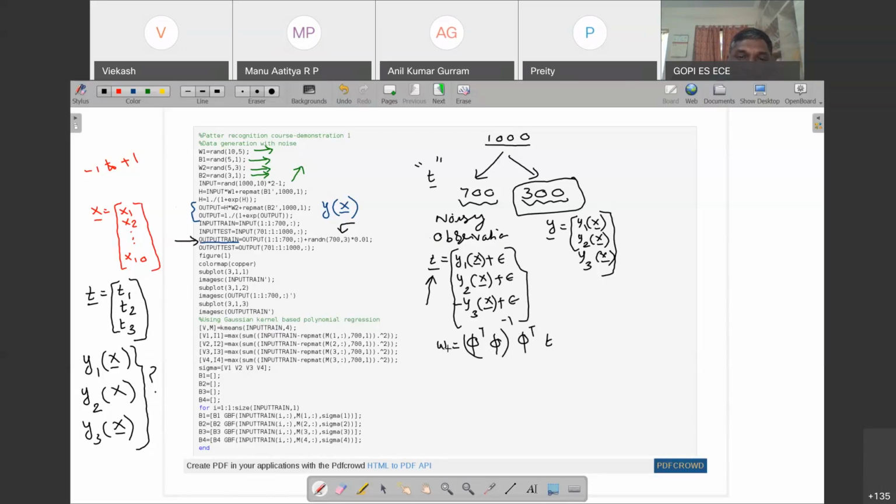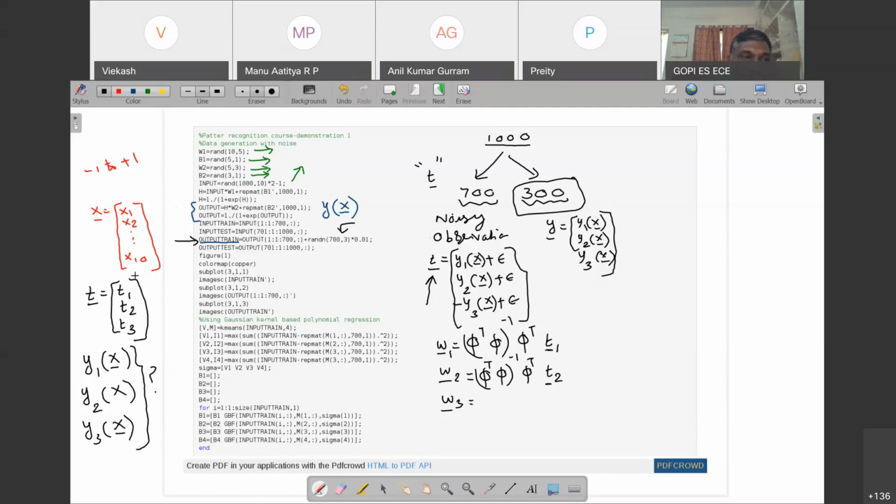Let me put W1 as one vector, W2 as another vector, and W3 as another vector. We have to use the corresponding T's to get this result. It is phi transpose phi, the whole inverse, phi transpose, and you have to use T2 here. Then of course T1 means the T1 vector, because you have 700 observations in this.